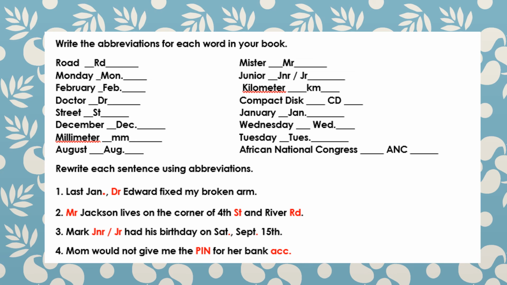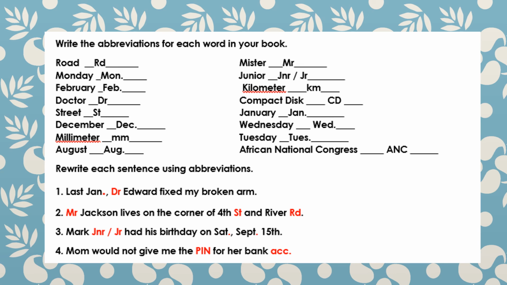Okay, millimeter becomes mm in small letters. August, capital A, because it's the name of a specific month, so it's a proper noun. Capital A-U-G, full stop. Mr, M-R, no full stop. Junior, I will accept two answers, J-N-R or J-R.